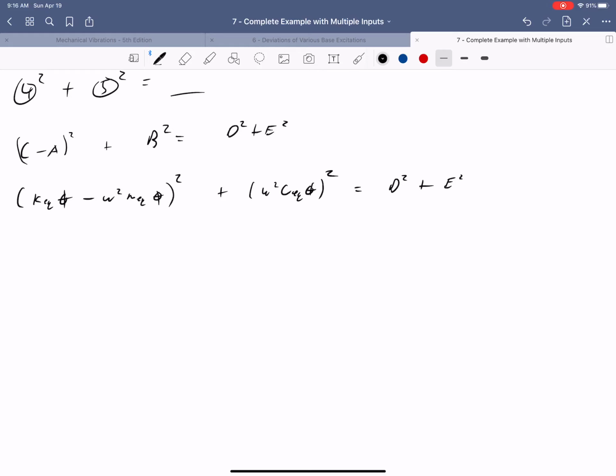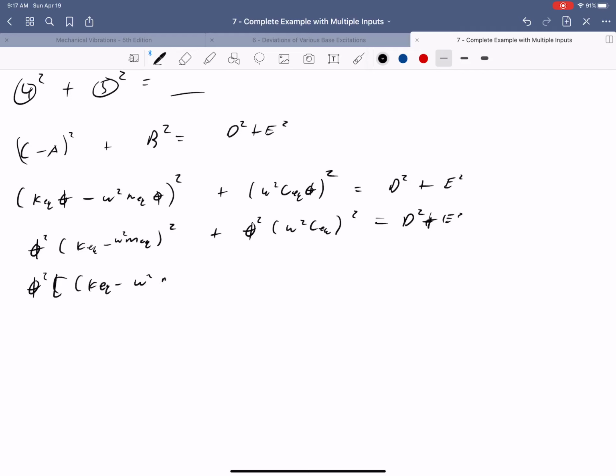Now we can pull out our thetas. So our capital thetas times keq minus omega squared meq squared plus capital theta squared times omega squared ceq squared is equal to d squared plus e squared. Okay? Now we can combine our theta squares. So theta squared times keq minus omega squared meq squared plus omega squared ceq squared is equal to d squared plus e squared.